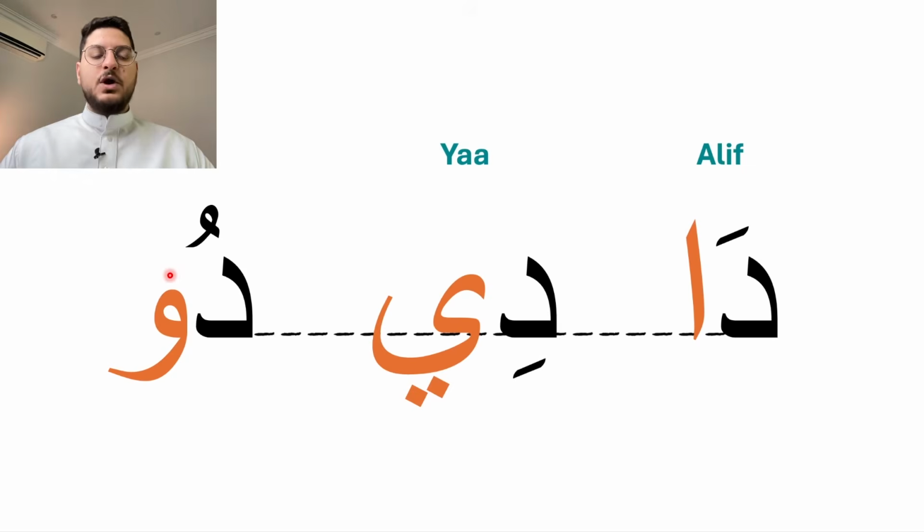Now, with this shape in orange, this shape that looks like number 9, this becomes twice as long again. So instead of du, now it's duu. And this shape in orange is what we call waw in Arabic. So we have the alif, daa, the ya, dii, and the waw, duu.